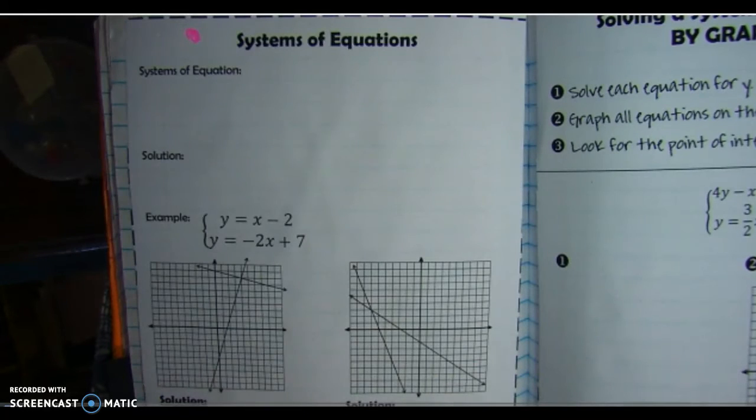Hi guys, so we're going to start our unit this week and into next week of systems of equations.